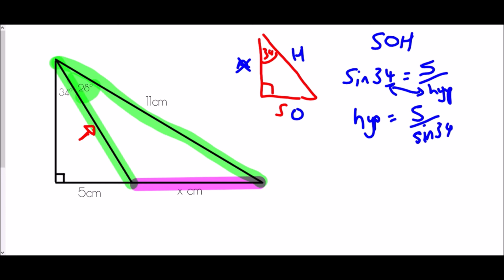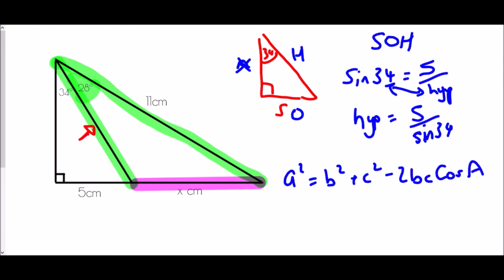I'm actually going to keep it exactly as that here. I'm not even going to work out what 5 over sine 34 is, because it's going to be easier for me to use that value straight into my equation. Because next I'm going to use a squared equals b squared plus c squared minus 2bc cos a.